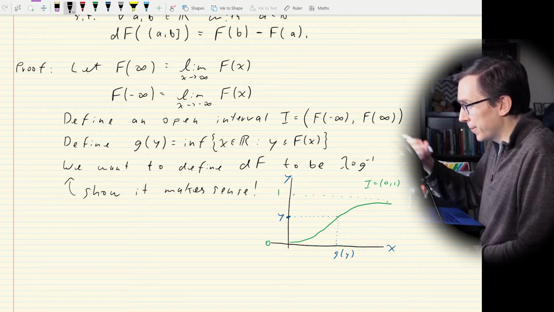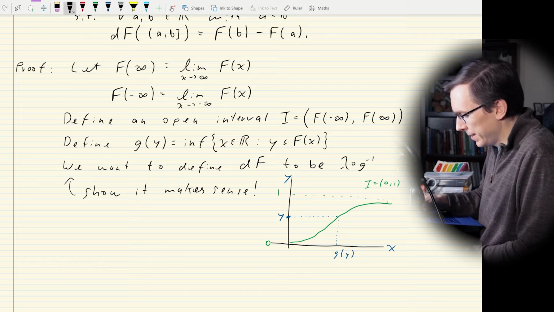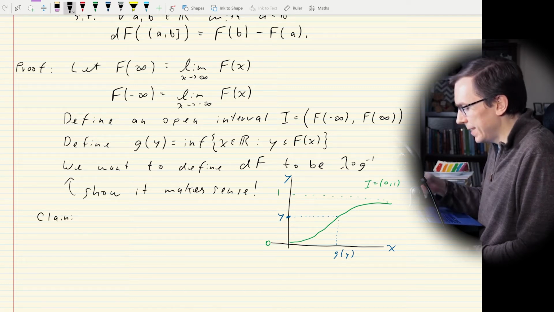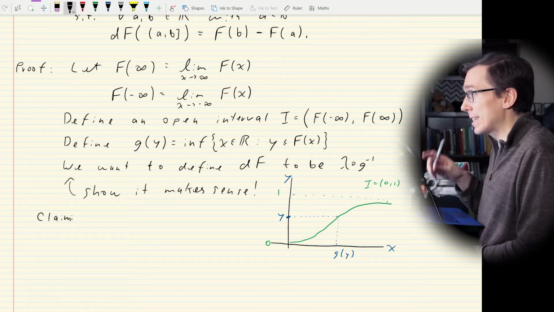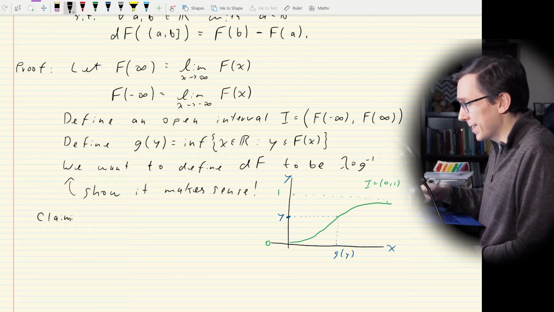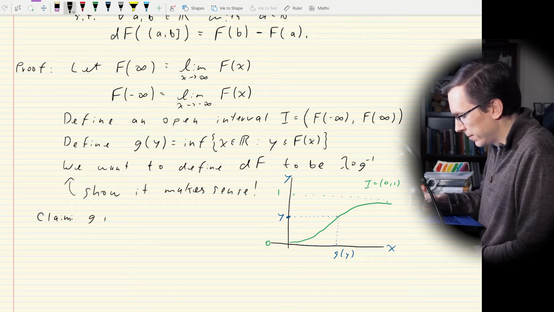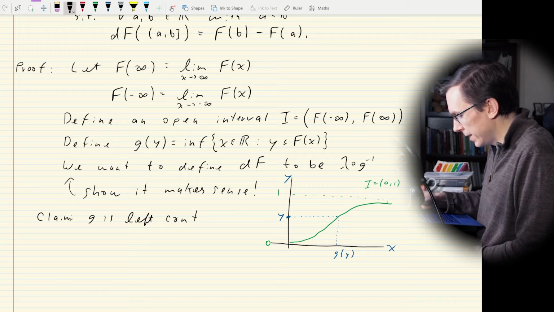The first little claim in this proof is that G is left continuous and non-decreasing.